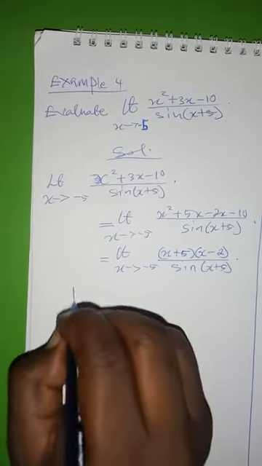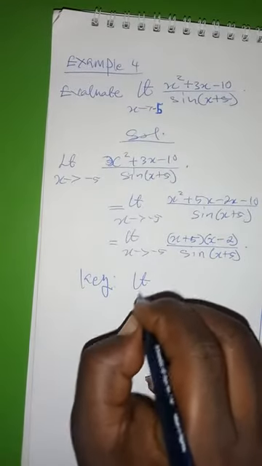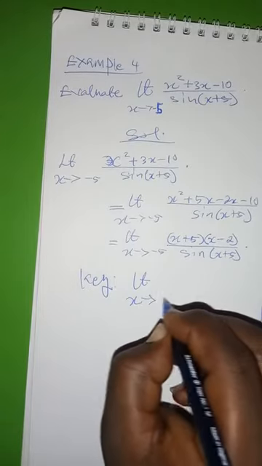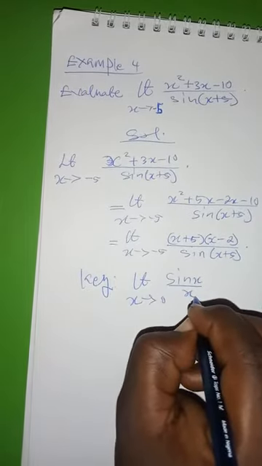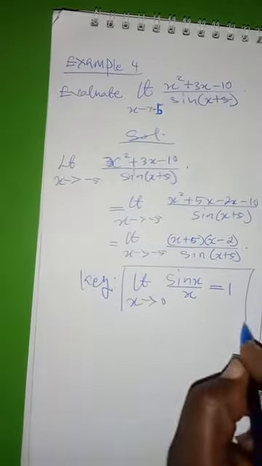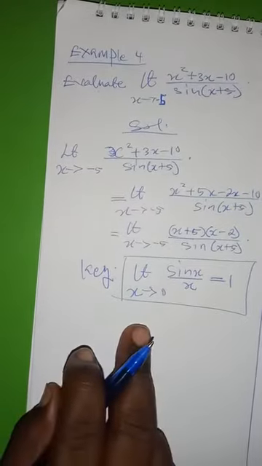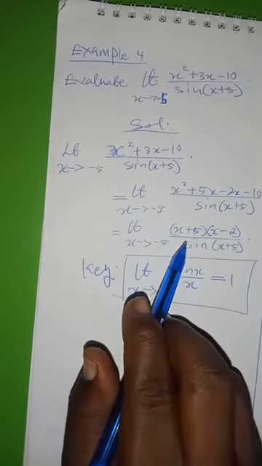So the key again is this: the limit as x tends to 0 of sine x over x, I've given you this key already before, is equal to 1. This is the key. This is what I'm going to see that it is applicable on this. So I'm going to apply it on this now.